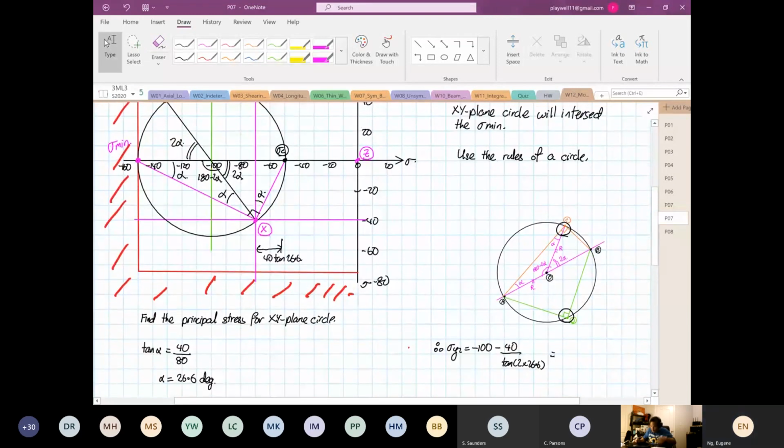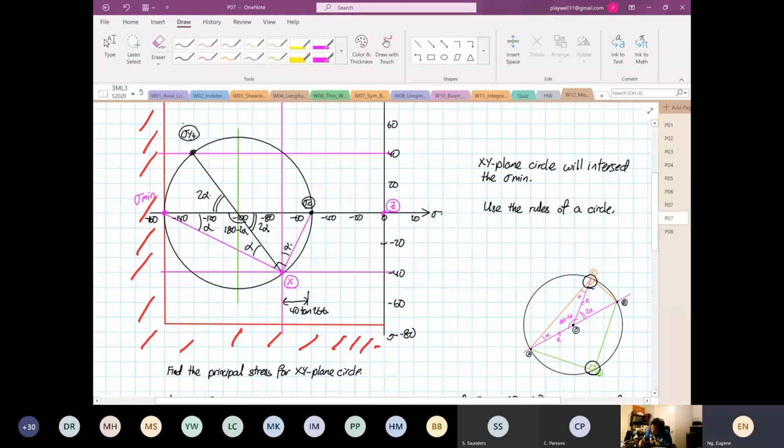So this will be equal to minus 40 divided by tangent of (twice times 26.6), minus 100, which is equal to minus 130. Okay, is it 100? Yep, minus 130 MPa. So this is your stress 2 value.